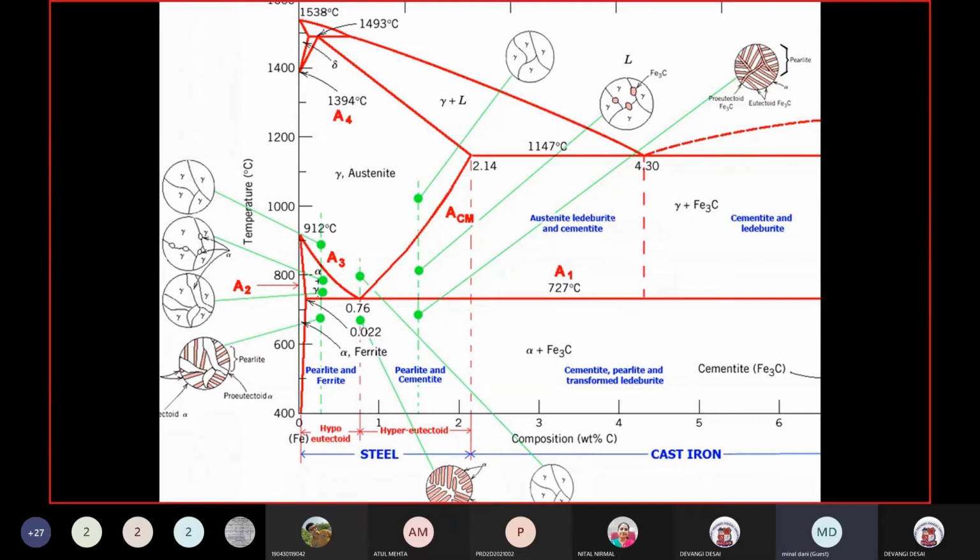From 0.25 to 0.65 is categorized as a medium carbon steel, and from 0.65 to 2% is categorized as a high carbon steel, plain high carbon steel.